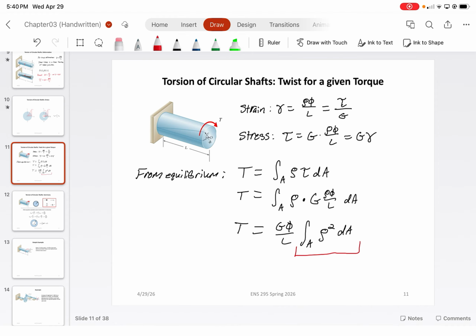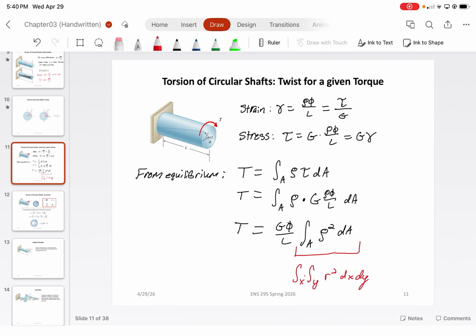Does anyone know what this is equal to? You may have seen it in statics, where it might be like x, y, r squared dx, dy. You may have seen something like that. What does it look like? Moment of inertia.